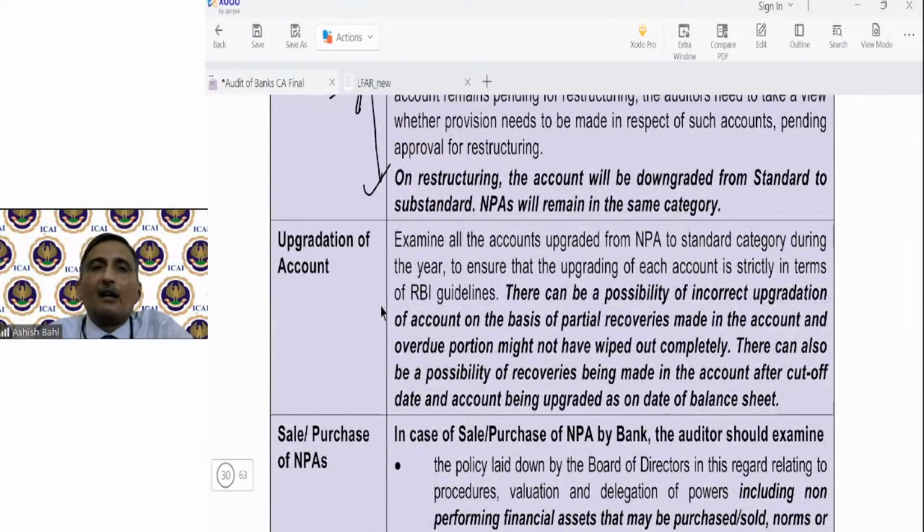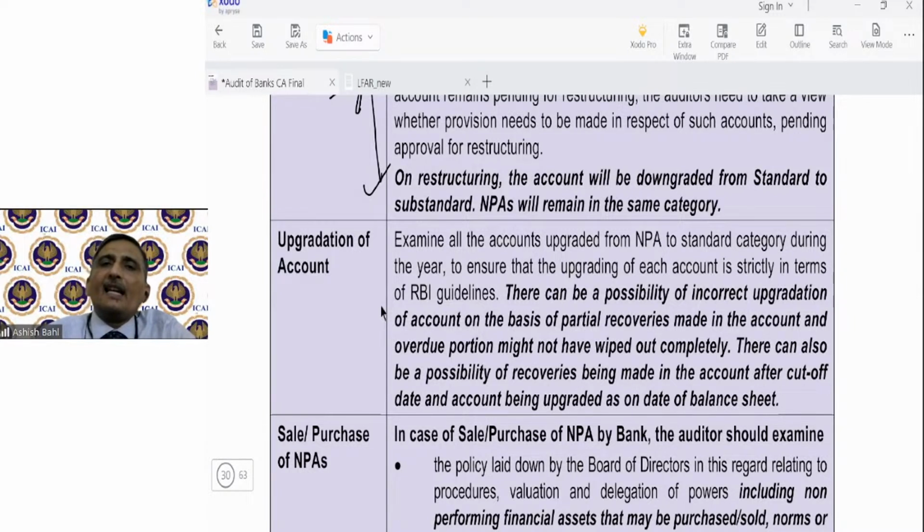Upgradation of accounts. Now that is one of the important areas for the auditor to check. It might so happen, students, in case of an NPA account, there were certain overdues on the basis of which the account was classified as a substandard asset, assume.